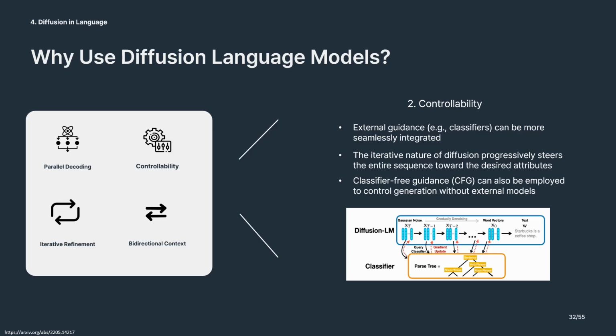What's more, diffusion models also support classifier-free guidance, which means we can steer the generation using just the model itself, without relying on an external classifier. This flexibility makes diffusion a powerful framework for controllable text generation, especially in scenarios where fine-grained or multiple-attribute control is needed.